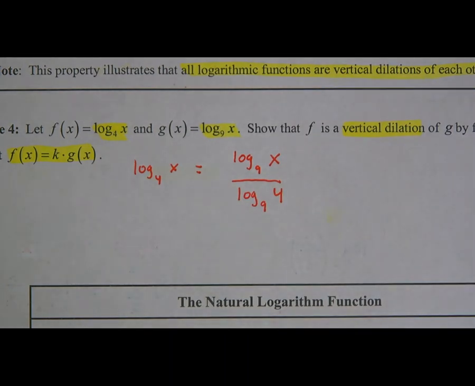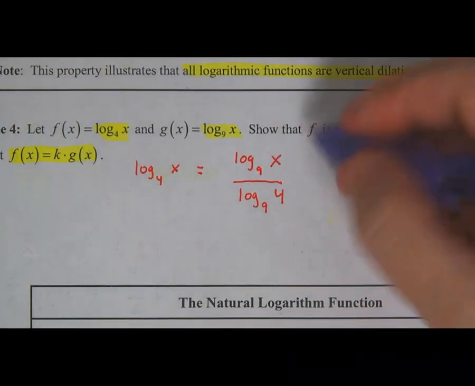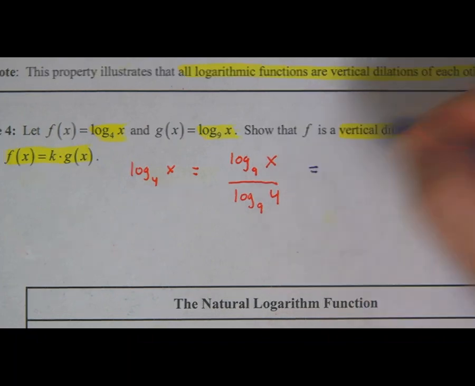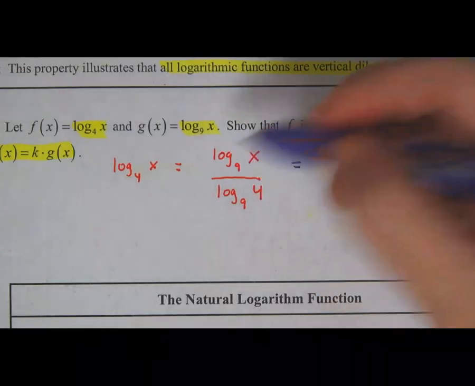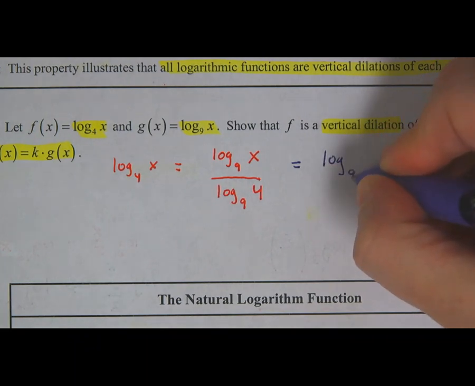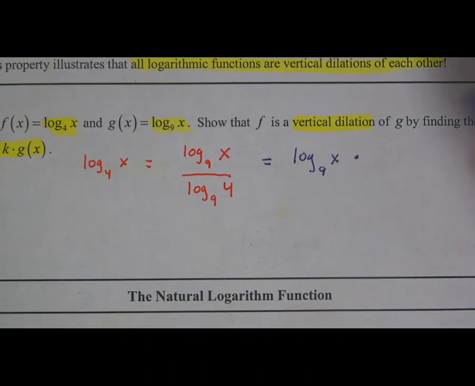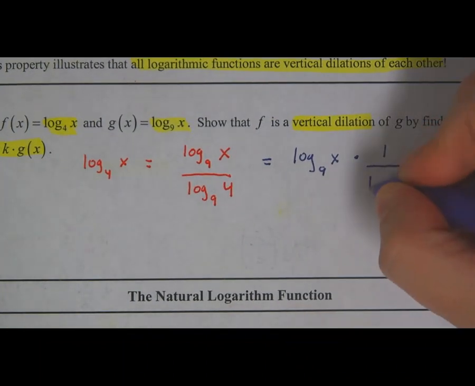Okay, now how in the world does that prove that this is a vertical dilation? You're going to have to follow me here. What I can do is I can kind of split that up and say that that's the same thing as log base 9 of x times 1 over log base 9 of 4.